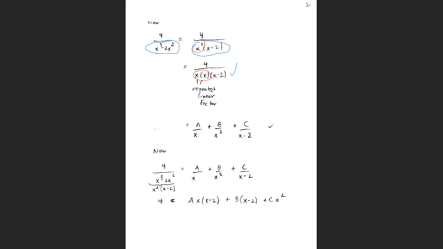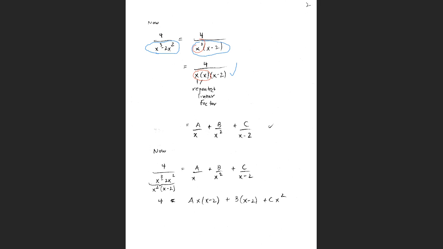And this happens in differential equations a lot. You have a repeated factor in the denominator. So how do we then write out the partial fraction expansion?